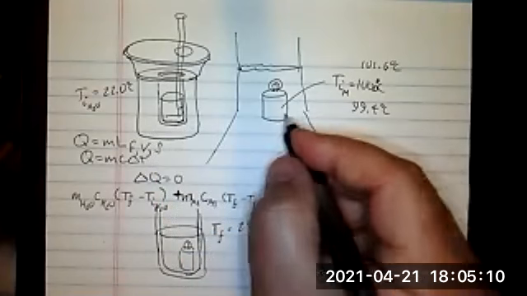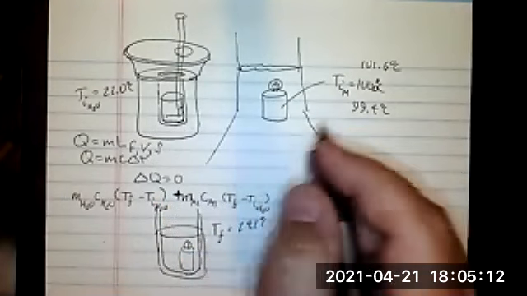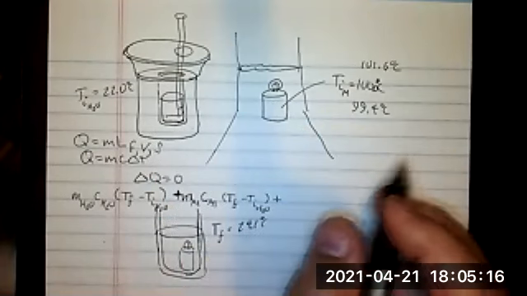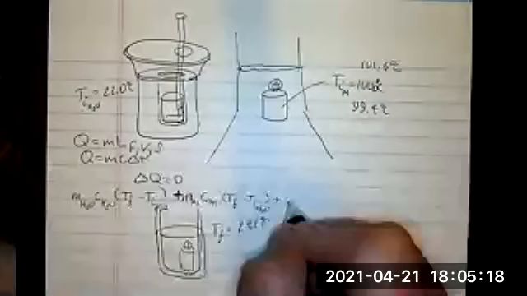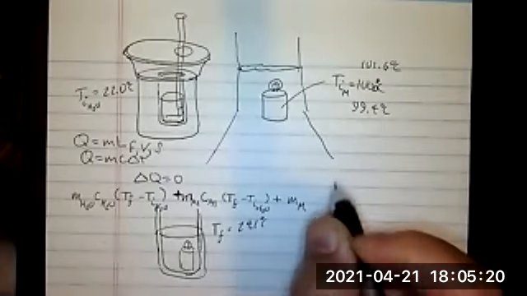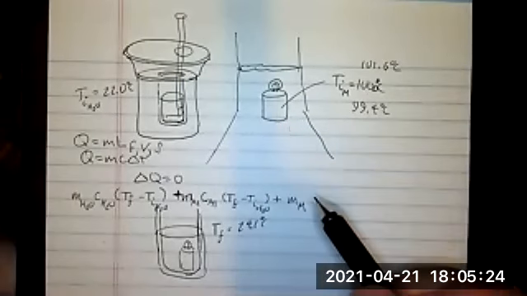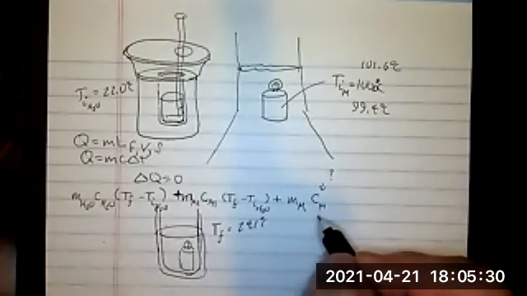Now you're taking this hot object, this hot metal, and you're dumping it inside there. So there's another MC delta T that's going to happen. This is the M of the metal. So whatever mass that metal had, the C for the metal, which is what we're looking for. So in the lab that we normally do, you're actually solving for this.